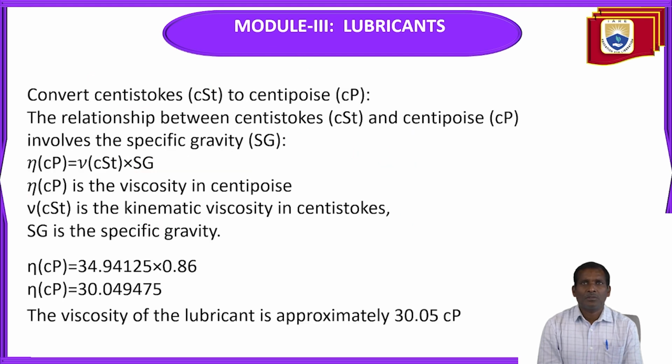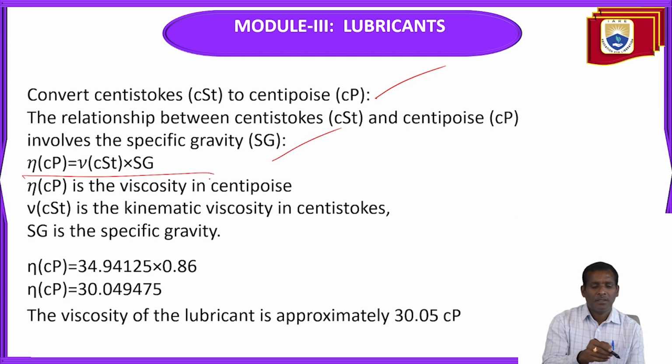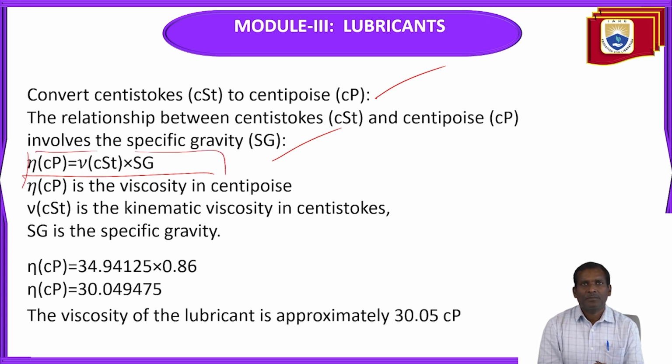Now convert centistokes to centipoise. The relationship between centistokes and centipoise involves the specific gravity: theta Cp is equal to VCST into SG, where theta Cp is the viscosity in centipoise, VCST is the kinematic viscosity in centistokes, and SG is the specific gravity.